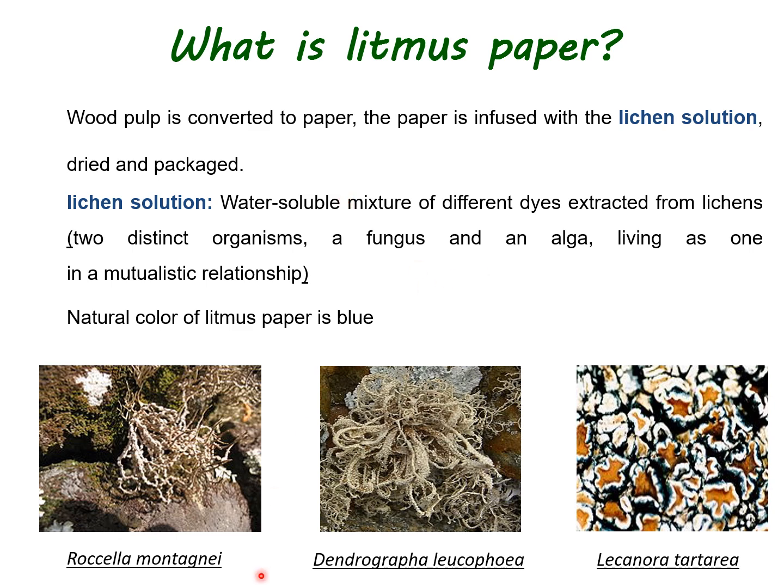The majority of litmus papers are produced today from three species of lichens: Rossella, Dendrographa and Lecanora. And the Netherlands is one of the largest producers of these litmus papers, because now these species are also becoming extinct.